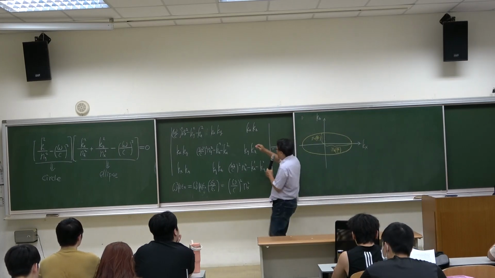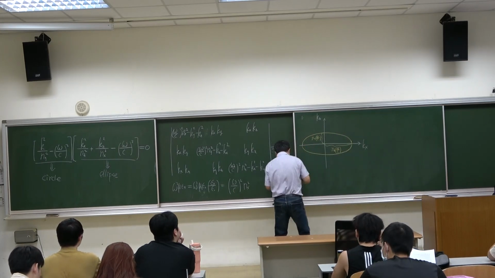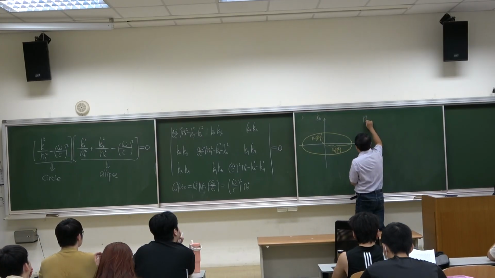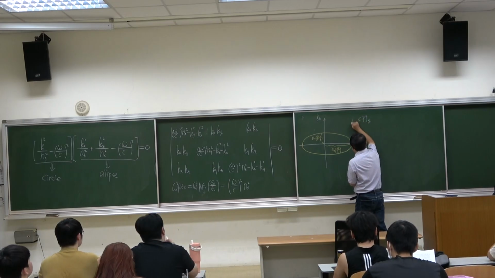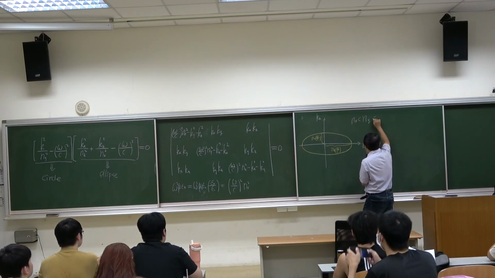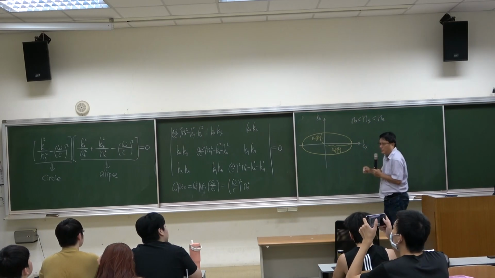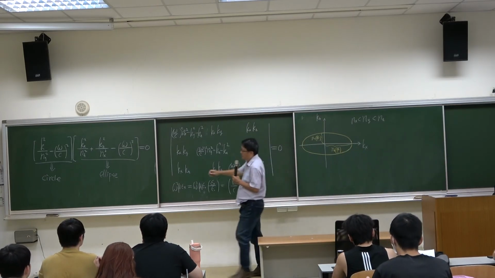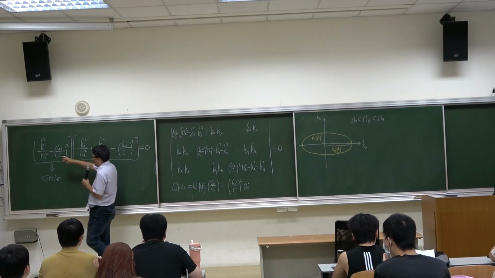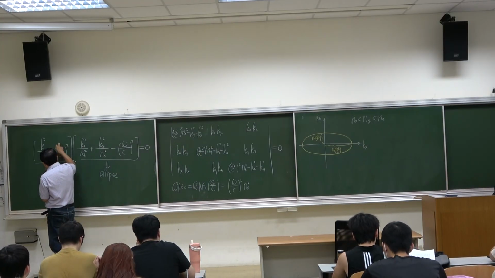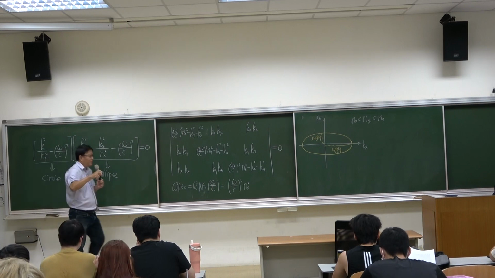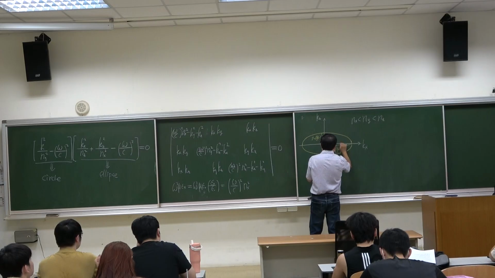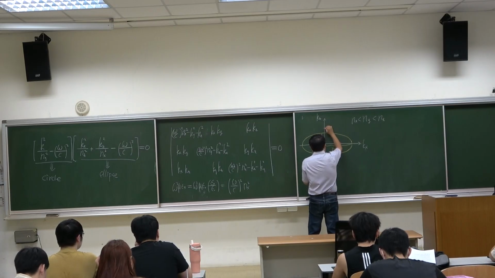Since ny is between nx and nz, ny is larger than nx and smaller than nz. This means that the circle has the radius ny times omega over c.